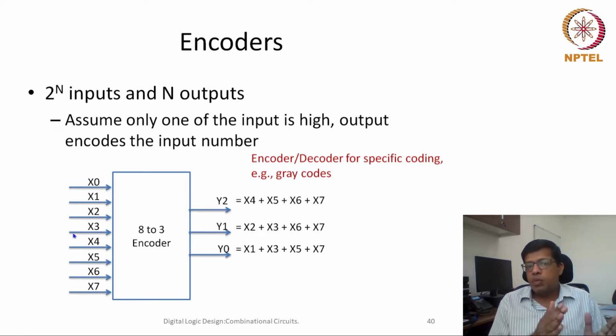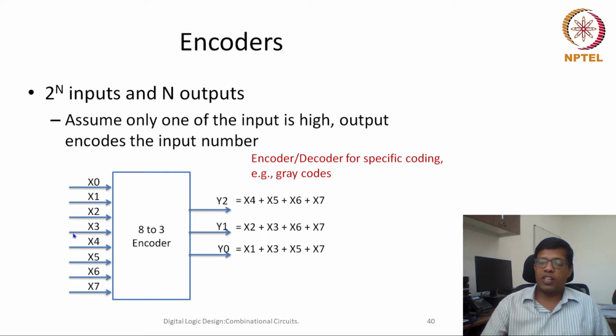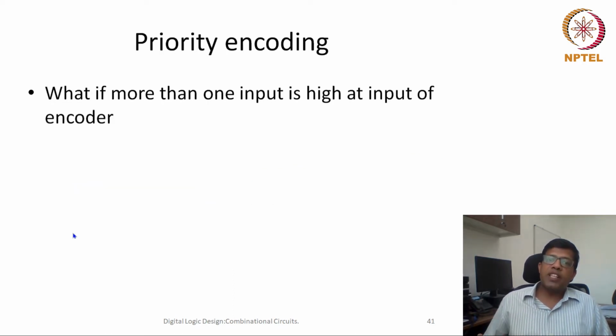If devices are independent of each other, then how can we control that only one of the devices has to send 1? There is a possibility that multiple devices are sending 1. If multiple inputs are high at one time, what should we do?